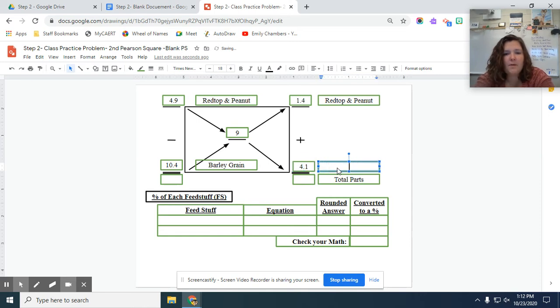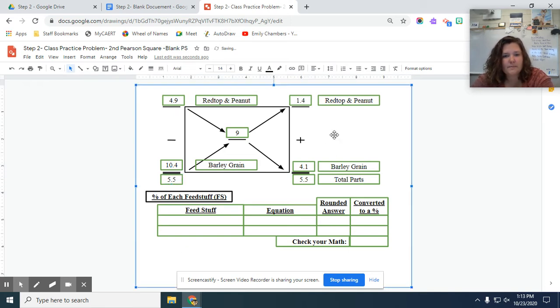Now this is our number for barley grain. So our ration is going to be 1.4 parts red top and peanut and 4.1 parts barley grain. Add those two numbers together, we get 5.5. Check our math over here: 10.4 minus 4.9, we still get 5.5, and we know we're good at this point.